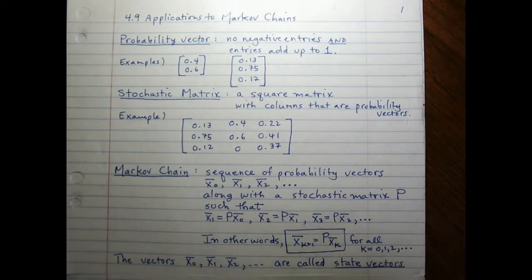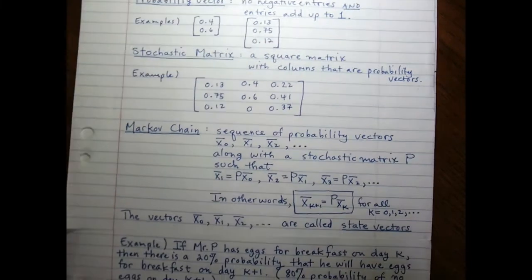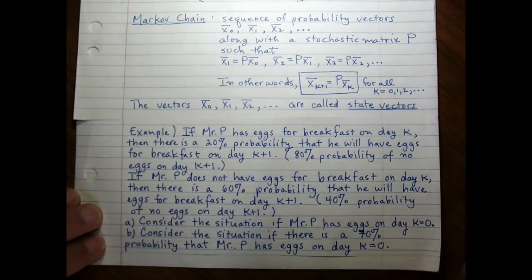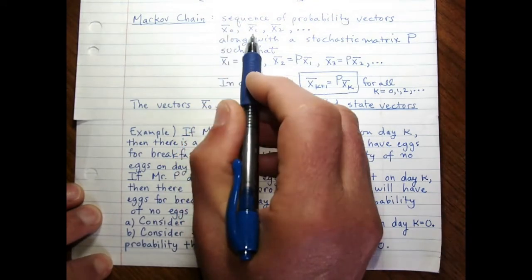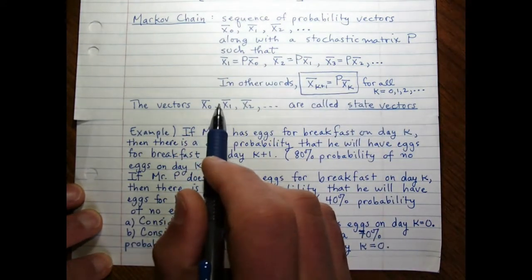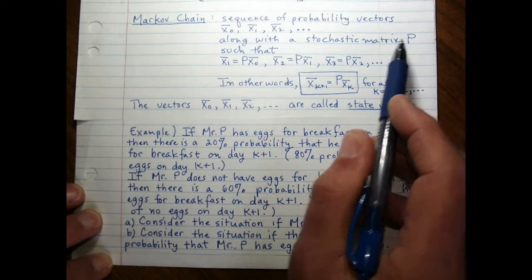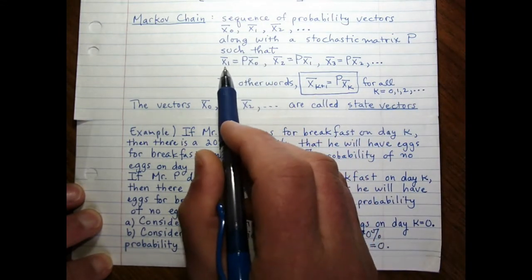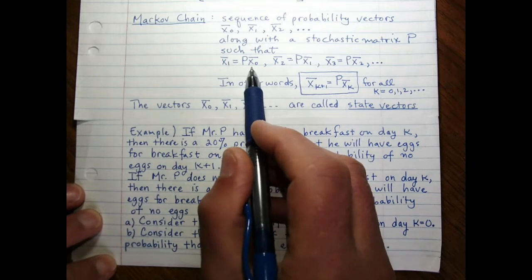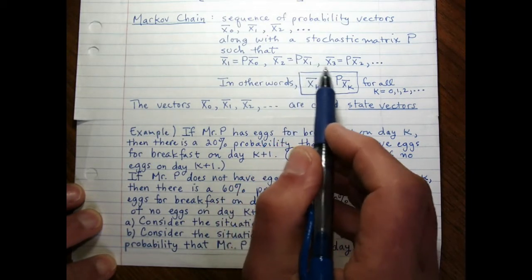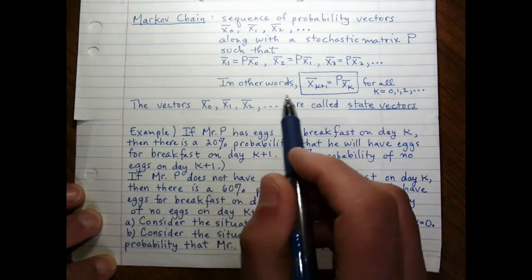A Markov chain is a sequence of probability vectors that we'll denote x0, x1, x2, and so on, along with a stochastic matrix P, such that x1 is equal to P times x0, x2 is equal to P times x1, x3 equals P times x2.